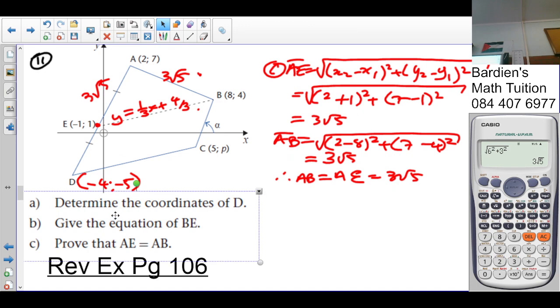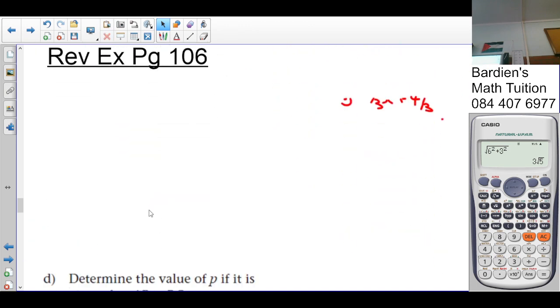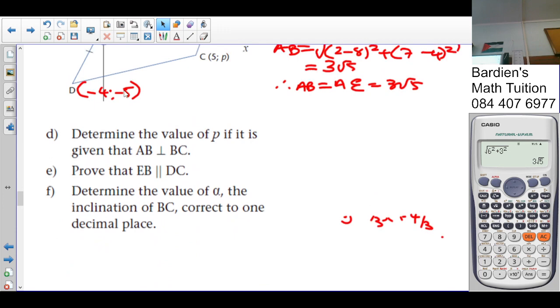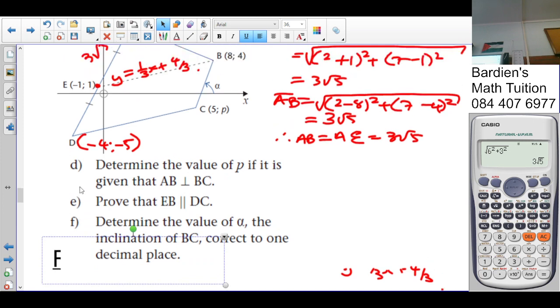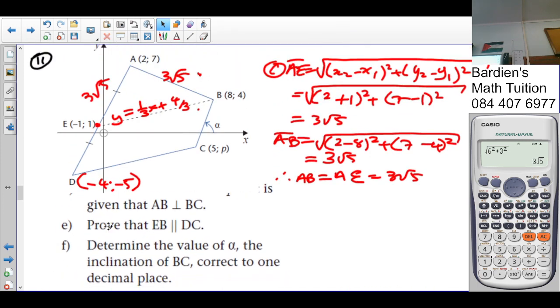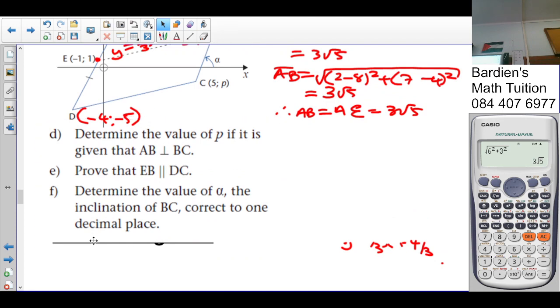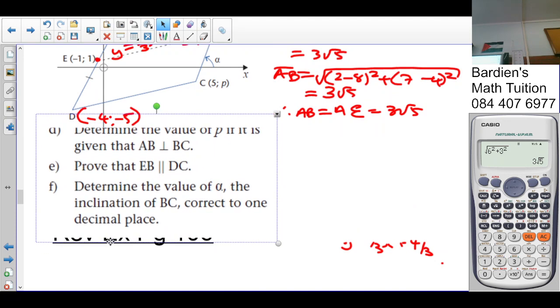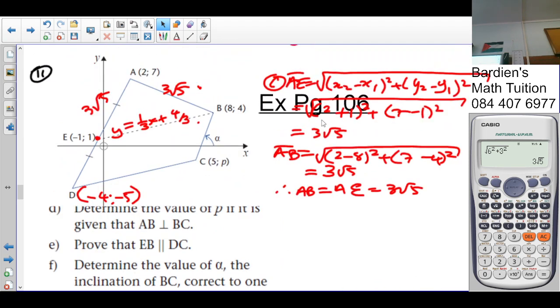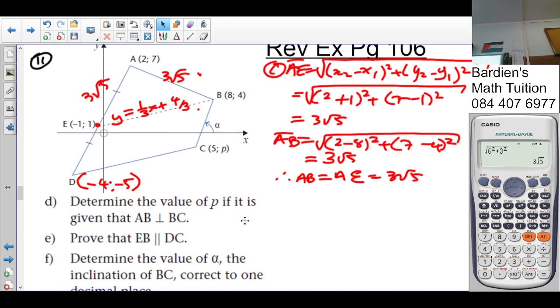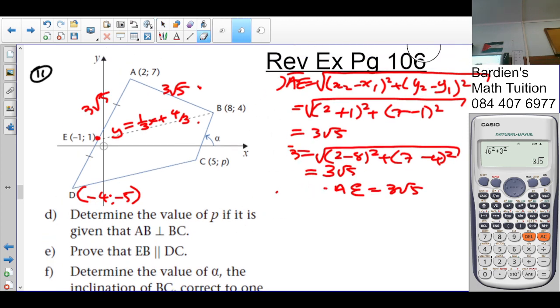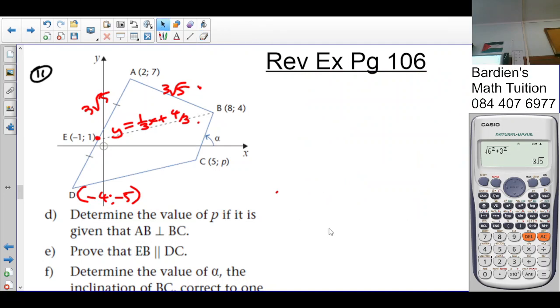Then the question says, determine the value of P if it is given that AB is perpendicular to BC.